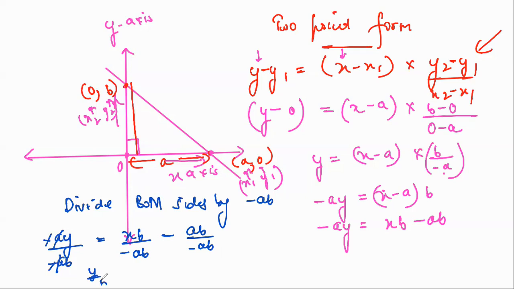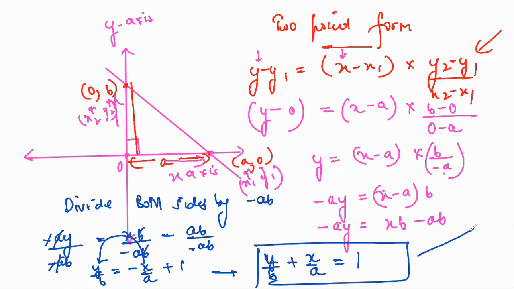I am left with y by b is equals to, b cancels out, minus x by a. Minus minus is plus, so plus 1. Now when I shift this minus x by a to the left hand side, it will become y by b plus x by a is equals to 1. So this is the final intercept form of the equation of line.